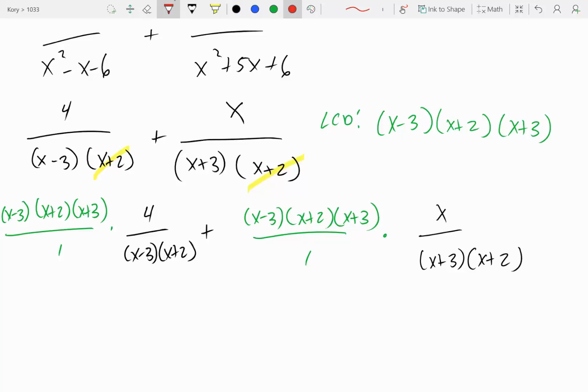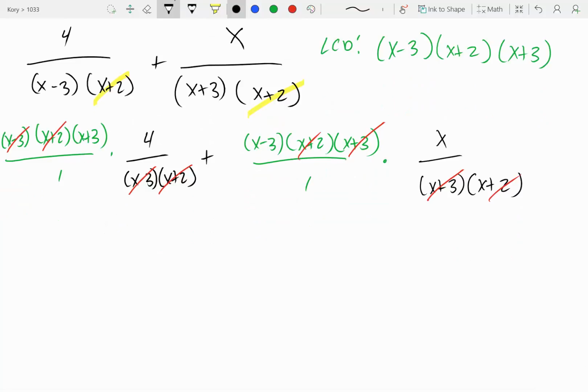Now we're going to cancel out things diagonally that are identical. Let's write what we have left over. So what we have left over is (x plus 3) times 4 plus (x minus 3) times x.